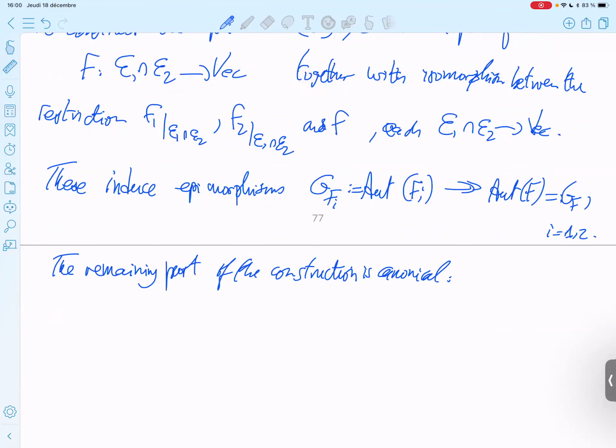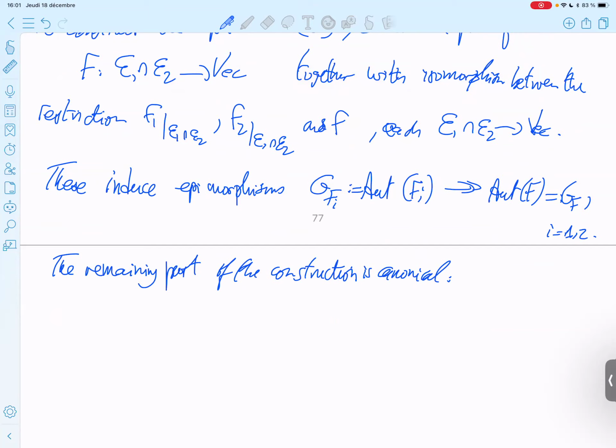In fact, remember that we discussed, where is it? In corollary 4.36, that you have the fiber category, how the fiber category deals with the intersection. So we have a result for that.